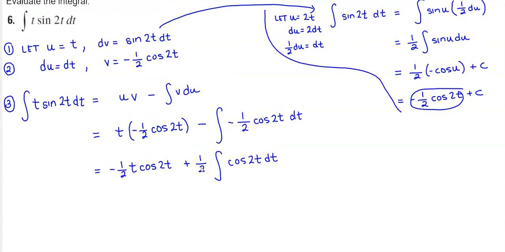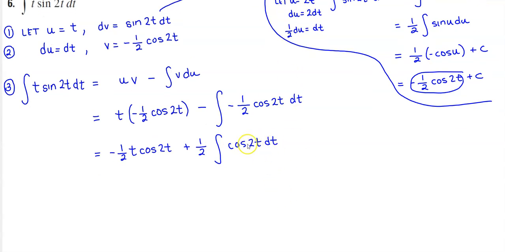Okay, so now we want to take the antiderivative of the cosine of 2t dt. So that means we're going to let u again equal 2t, du is equal to 2 dt, and 1/2 du is going to equal dt. So we're going to go ahead and rewrite this.